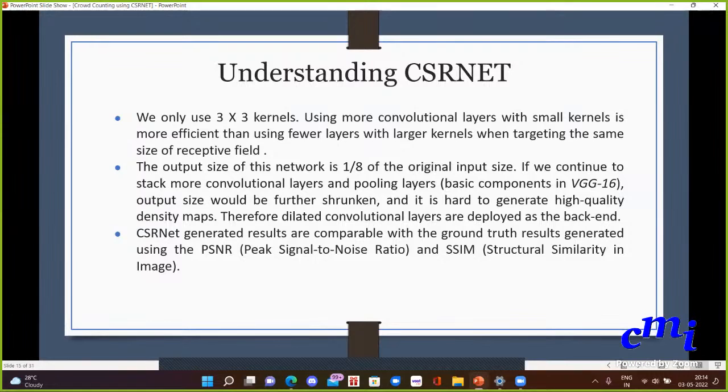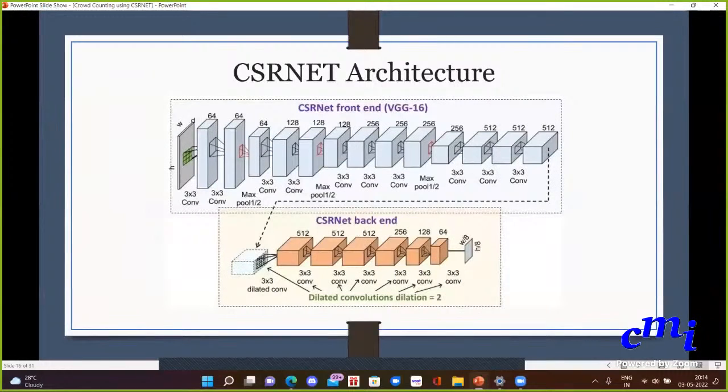Therefore, dilated convolution layers were adopted as the backend. We'll see about dilated CNN after this. And CSRNet generated results are comparable with ground truth results generated using PSNR and SSIM. So this is a very good model in terms of accuracy. So this is the pictorial representation of the proposed CSRNet architecture.